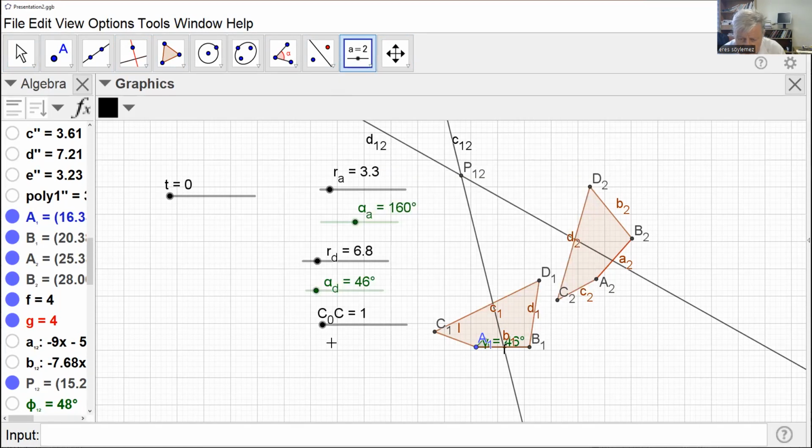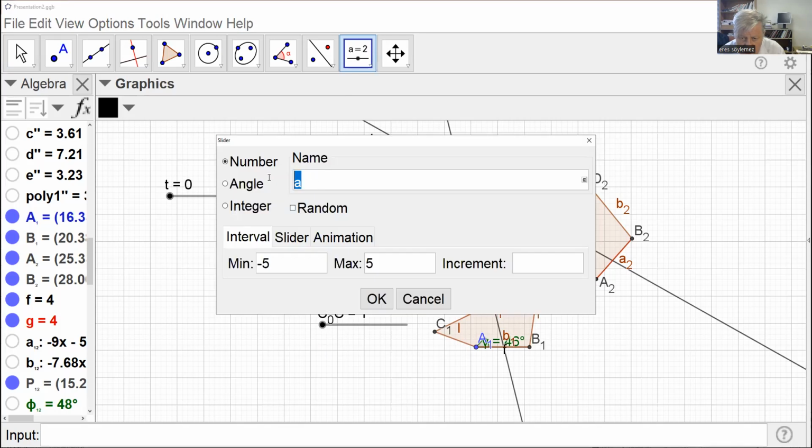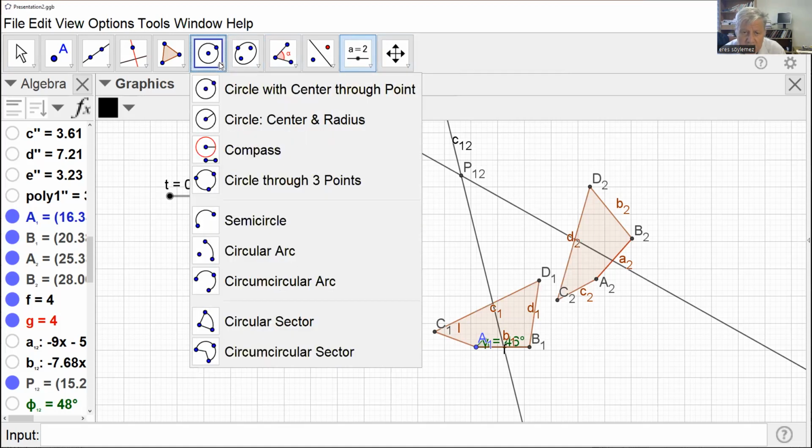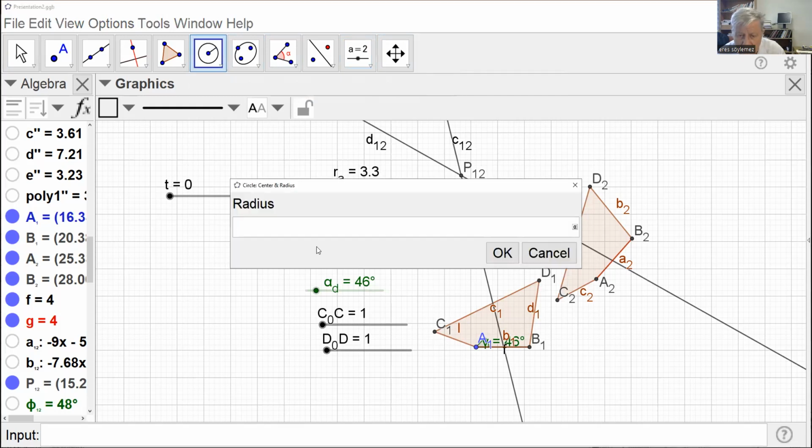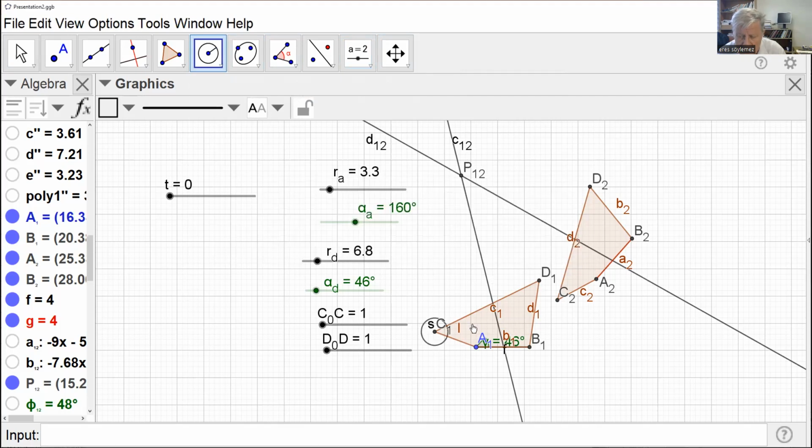Okay, and then I will have D0D, 0 to 100. Okay, I will draw a circle, C0C, from C1.